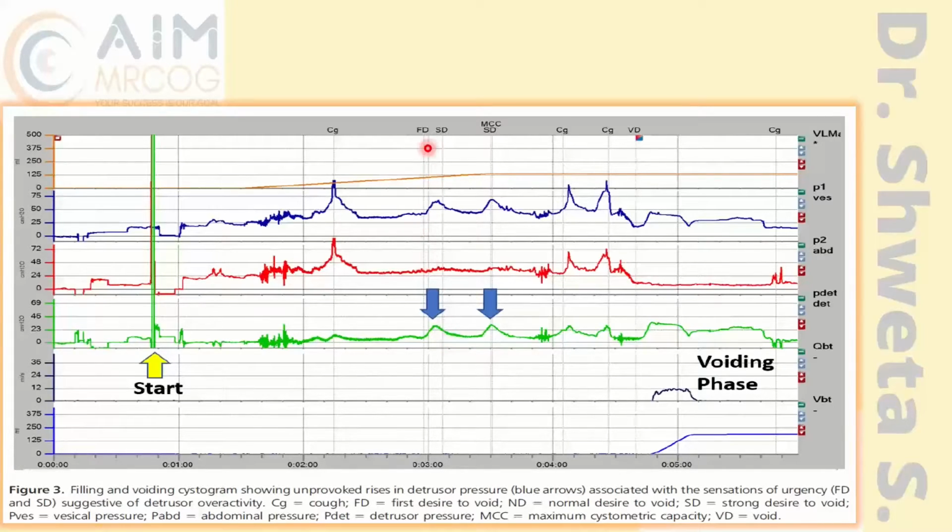So now, if the same thing would have been with cuff, here I will write CG, and you see the rise. What will be your diagnosis? Provoked detrusor overactivity. This is what I'm trying to tell you all, because I can understand this is difficult, but you have to understand that anytime if you are seeing detrusor overactivity, your diagnosis is always detrusor overactivity.